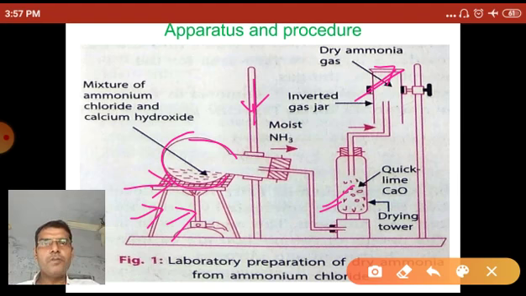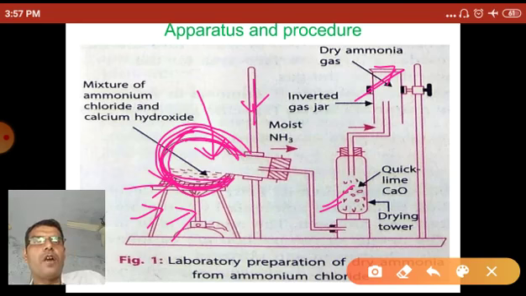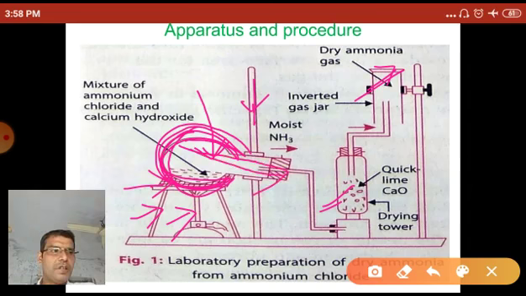First take a round bottomed flask, this one is a round bottomed flask, and take the mixture of ammonium chloride and calcium hydroxide in the round bottomed flask, and arrange this round bottomed flask on the wire gauze with the help of the stand in an inclined manner, not flat but in an inclined position.